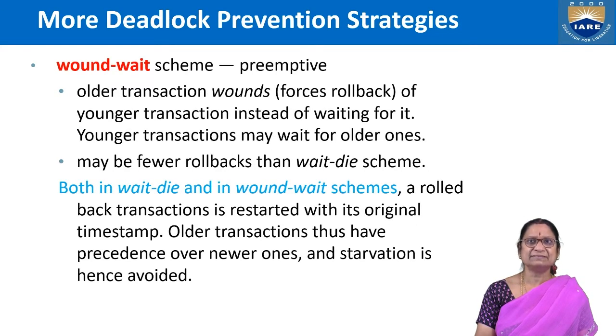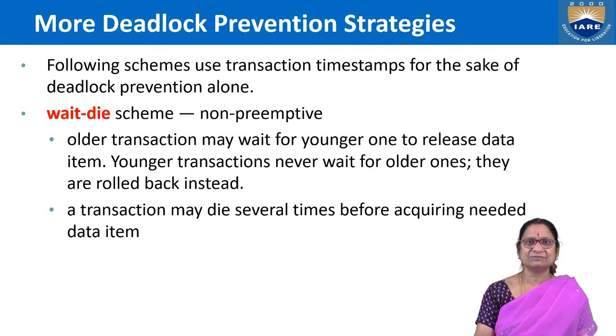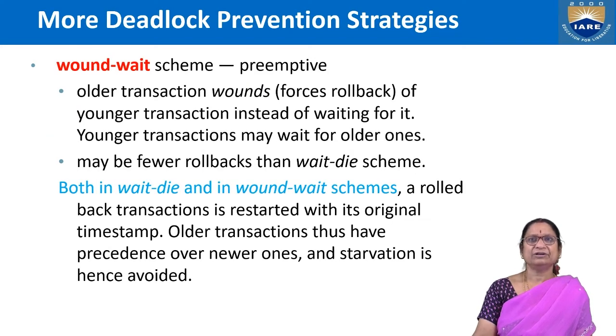And the second scheme is the wound-wait scheme. What is the first one? Wait-die. Older ones wait, and younger ones die. Dying means rollback, no? So that's why it restarts. The wound-wait scheme is a preemptive scheme. Preemptive means it will forcibly roll back. In this wound-wait scheme, the older transaction wounds the younger.